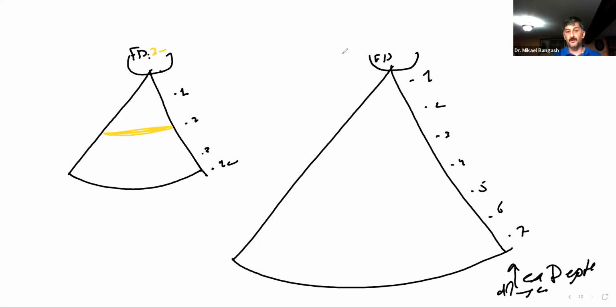But the transducer was still the same, and its focal depth was fixed at 2 centimeters. So this will be the point of the image where it focuses.